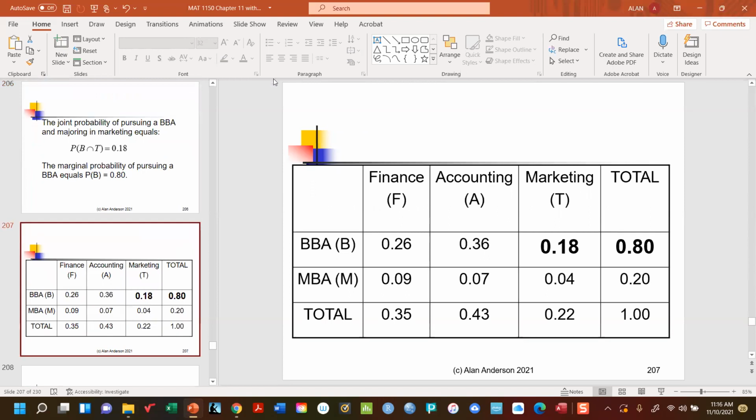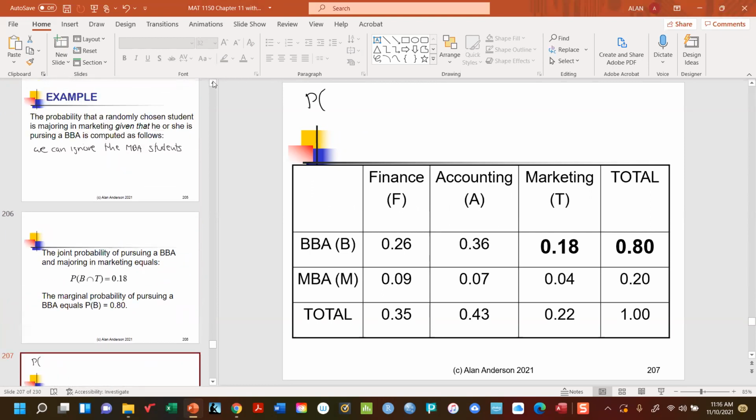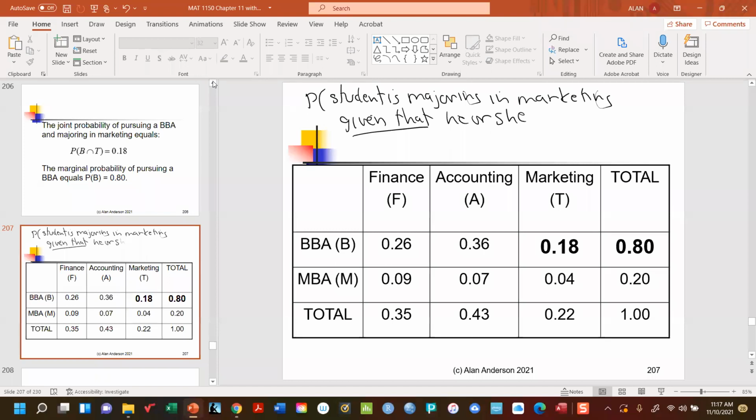remember, we're trying to find out the probability, so let me repeat it up here, that a student is majoring in marketing given that he or she is getting a bachelor's degree.